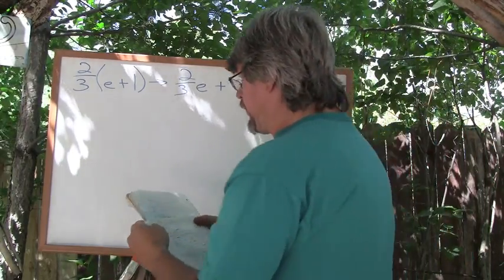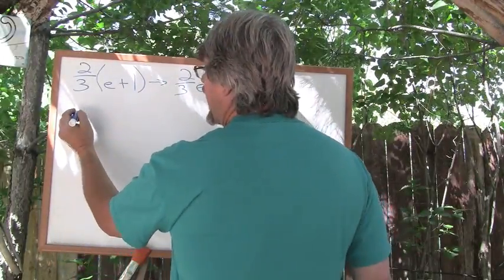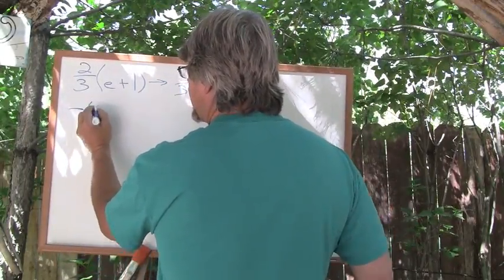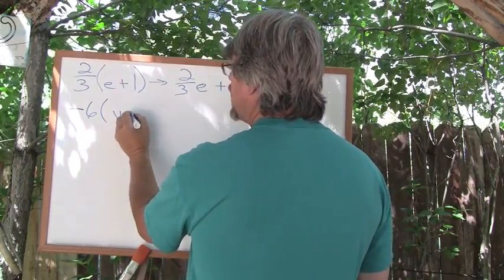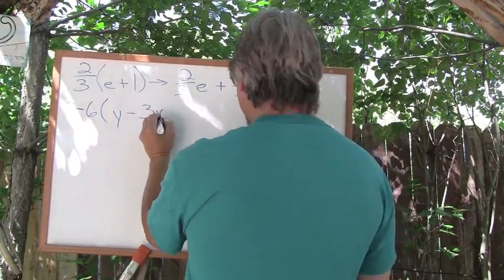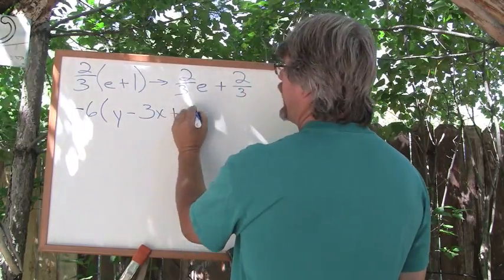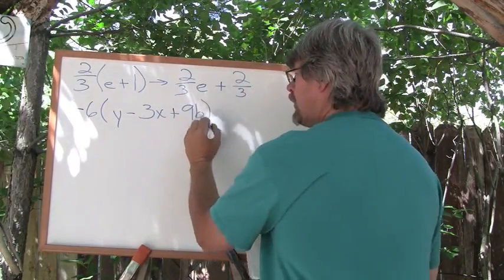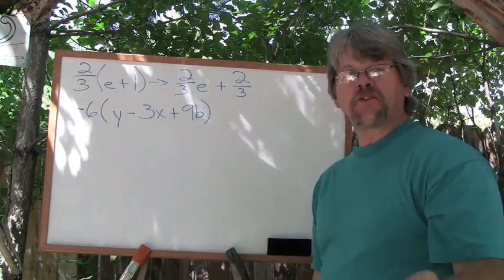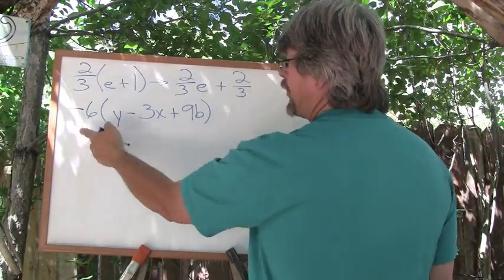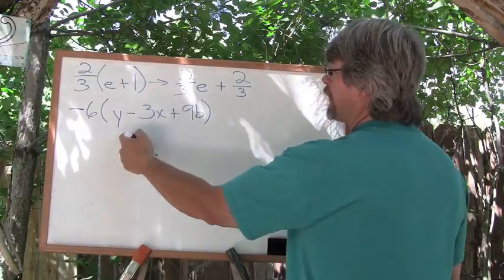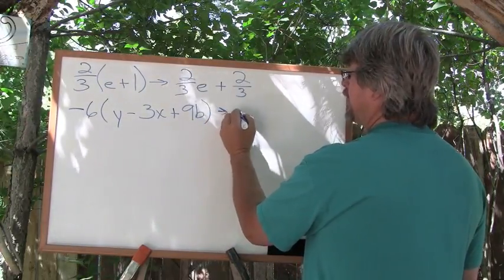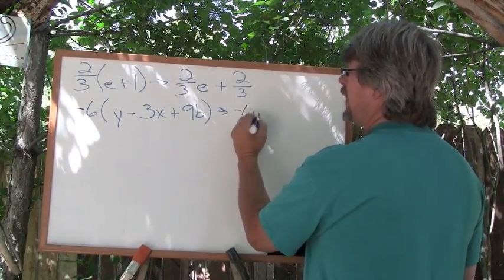Oh, and here's another great idea here. If we have a negative 6 out here, and we have y minus 3x plus 9b, you simply distribute this number into each term in the parenthesis. Negative 6 times y is negative 6y.